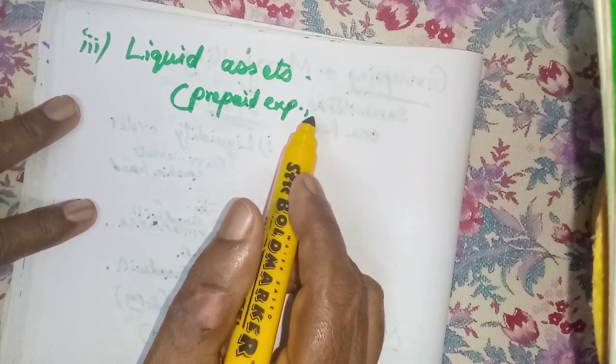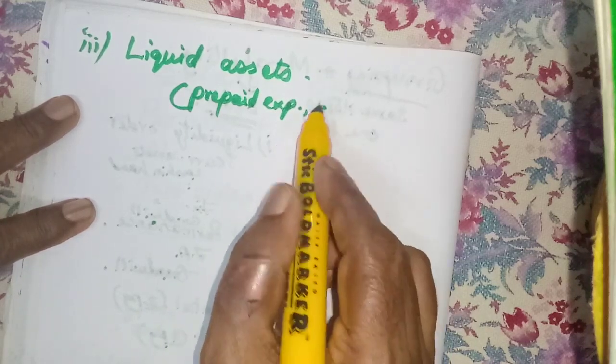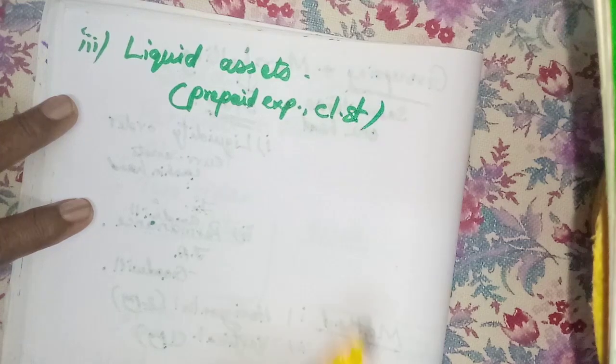And closing stock. This closing stock is stock goods in the store that we have not yet sold. But this also we cannot predict whether we can convert all the closing stock into cash within this year. We cannot say. It is as per the demand in the market, isn't it?